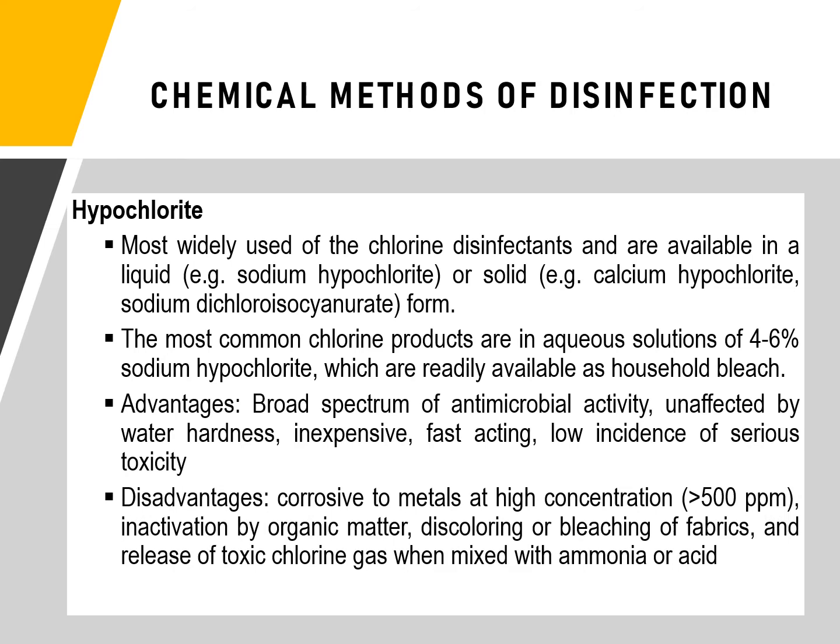The disadvantages, however, include corrosive effect on metals at high concentrations, especially if the concentration is greater than 500 parts per million or ppm, inactivation in the presence of organic matter like blood, discoloration or bleaching of fabrics, and the release of toxic chlorine gas when hypochlorite is mixed with ammonia or acid.